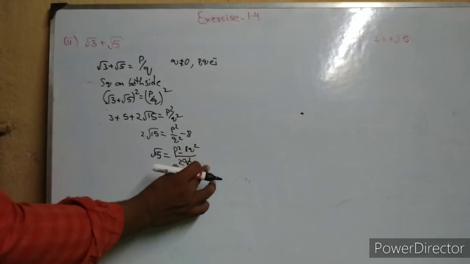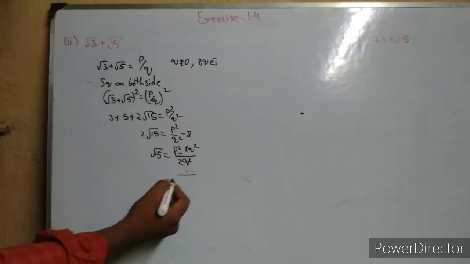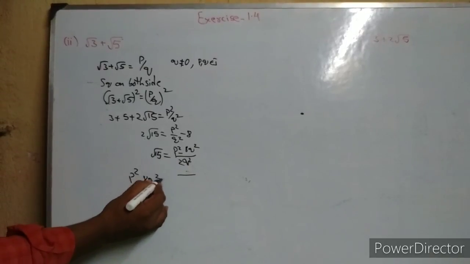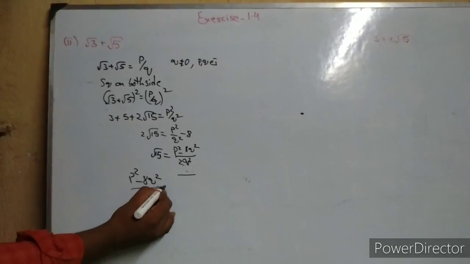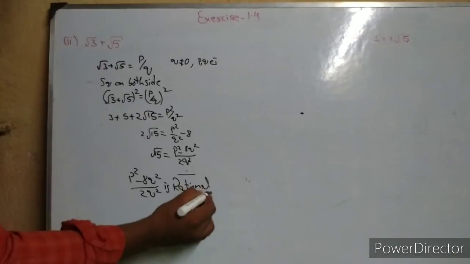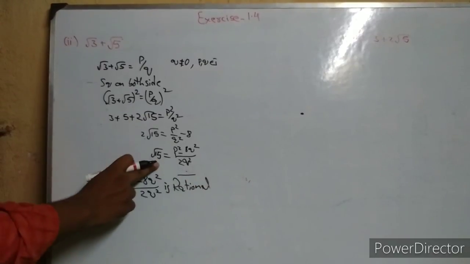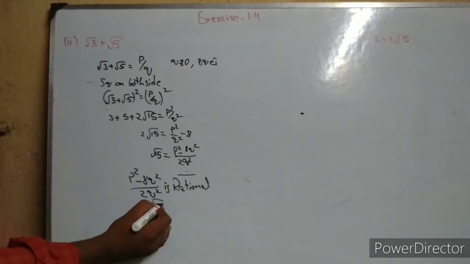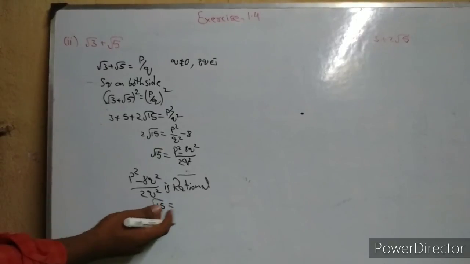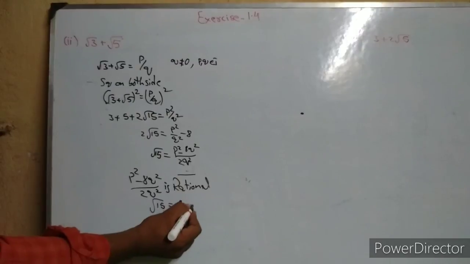So this part, (p square minus 8 q square) by 2 q square, is a rational. So if it is rational, what about this part √15? 15 is not a square number, so √15 is irrational.